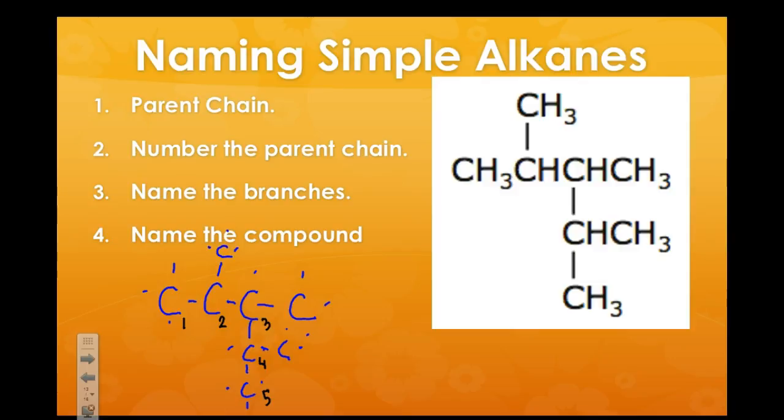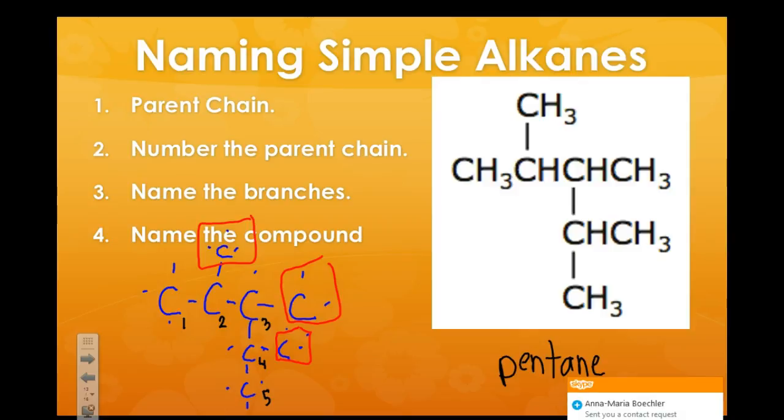So we have a 5 carbon chain. The prefix for 5 is pent. All single bonds is ane. Now let's take a look at our branches. We have a branch here, a branch here, and a branch here.